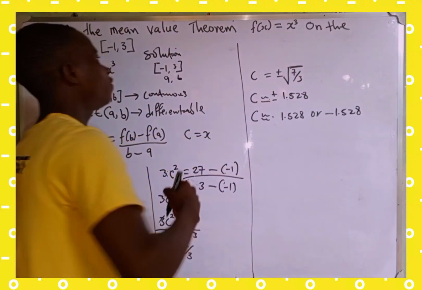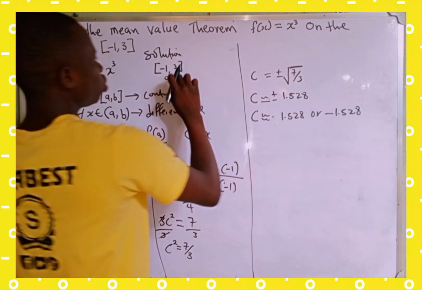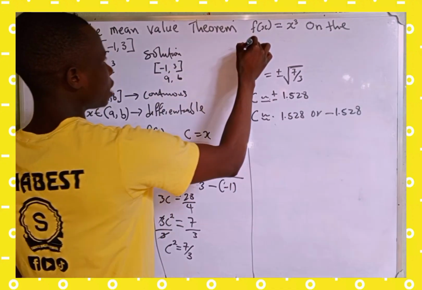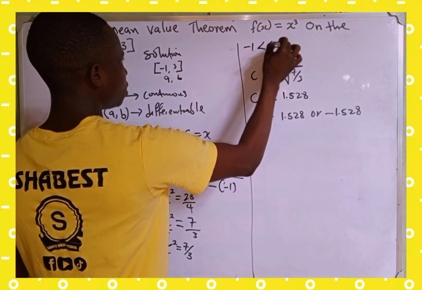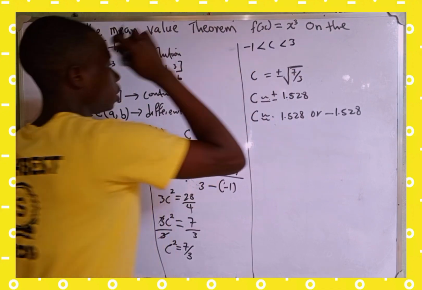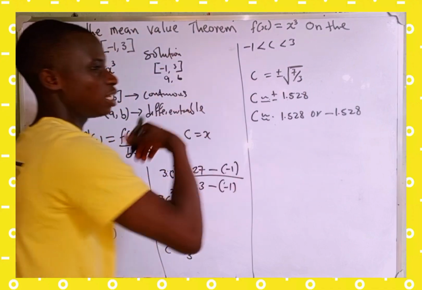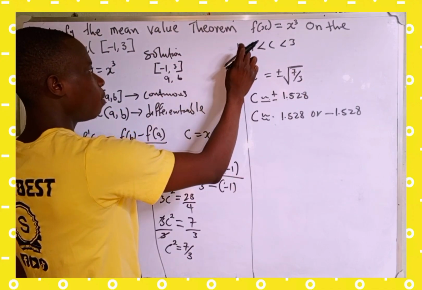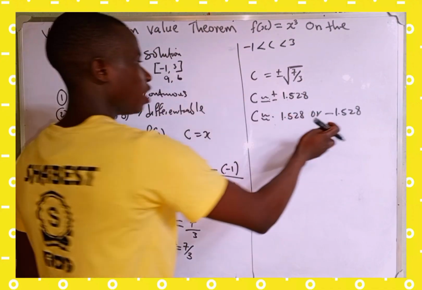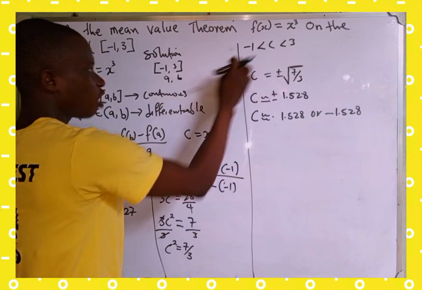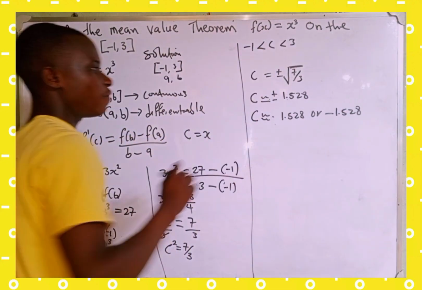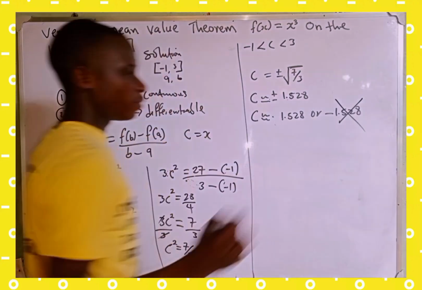If you check the interval, [-1, 3] is the same as -1 less than c less than 3. So negative 1.528 is out of the interval, because the interval starts from negative 1. On the number line, you will find this number outside the interval. Therefore, this is not the value of c.